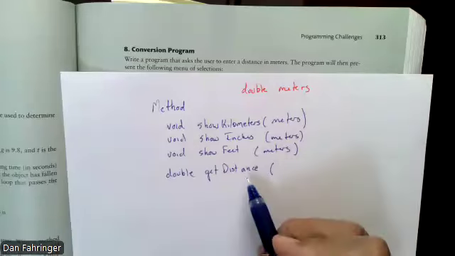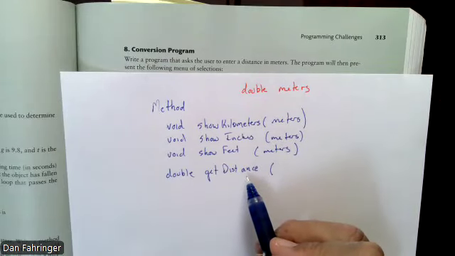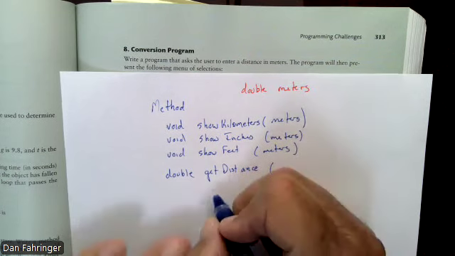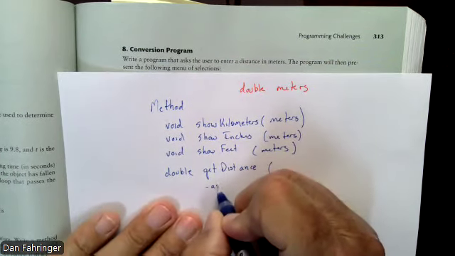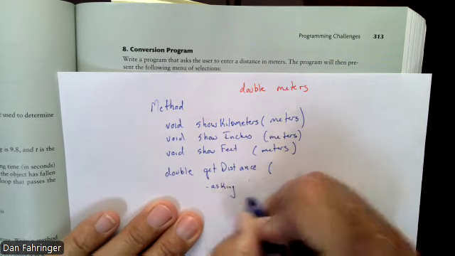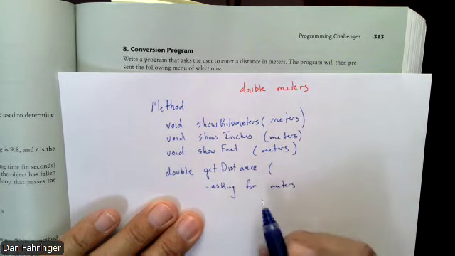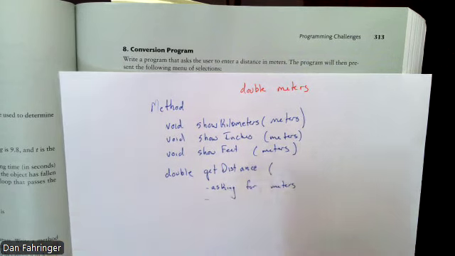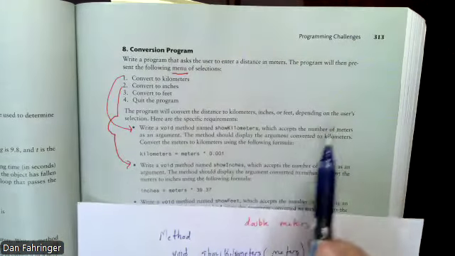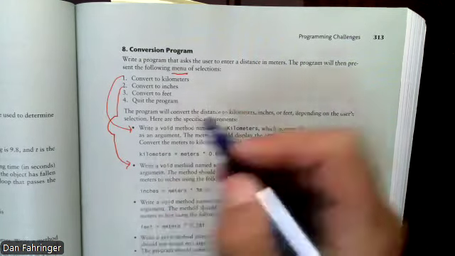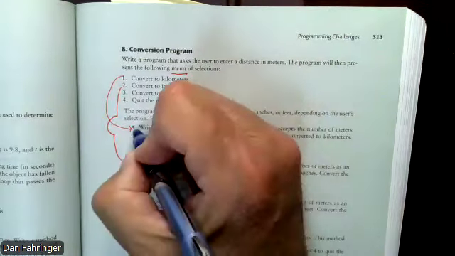Remember, this is just getting my distance. So inside of here, I'm just making notes, asking for meters. What else am I doing in here? I'm asking for meters. Okay, so we got this method.